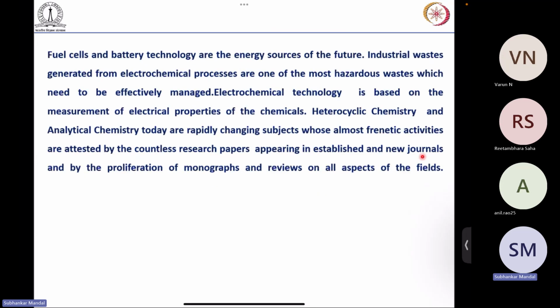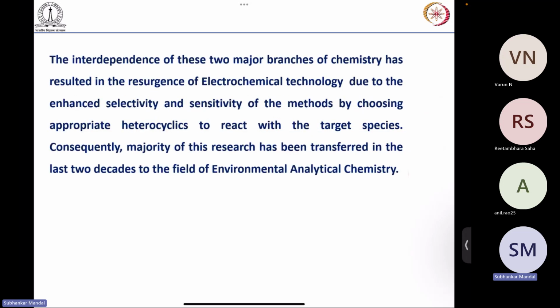Okay, so all these things we have discussed. Fuel cell and battery technology for energy source or renewable energy source, we already discussed in more detail, the battery and all these things. Then the interpretation of two major branches of chemistry has resulted in electrochemical technology research, due to the enhanced selectivity and sensitivity to react with the target species.